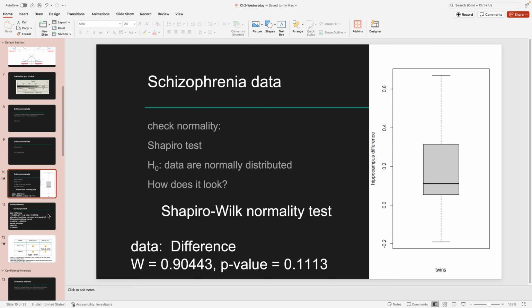But the correct way to think about this is that the null hypothesis is that the data is normally distributed, which happens to be the null hypothesis of something called the Shapiro test. The Shapiro test tests for normality, where the null is that the data is normal, and the alternative is that the data is not normal. Okay.